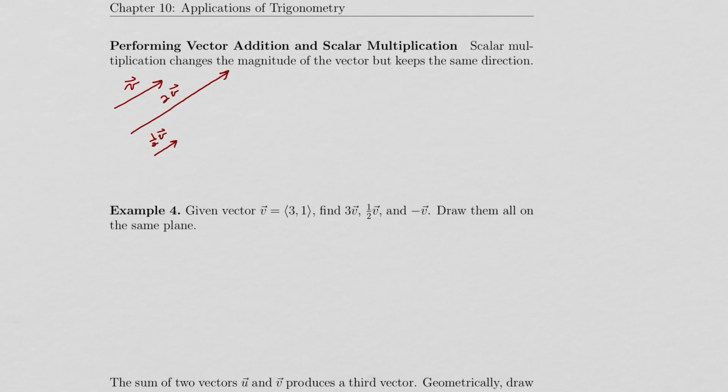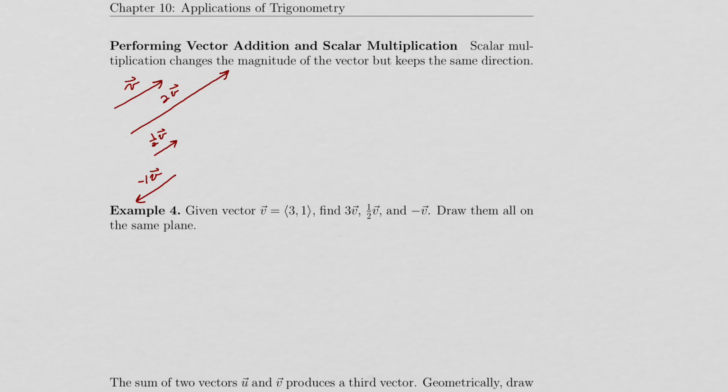What about negative V? Well, negative V is the same length as V, except it's going to point in the opposite direction. So you can think of it as -1 times V. So I'm multiplying V by -1. That's the same as negative V. Okay, and then I could do other ones.